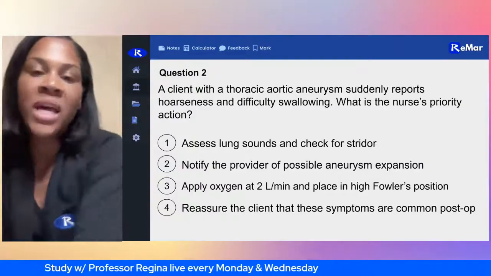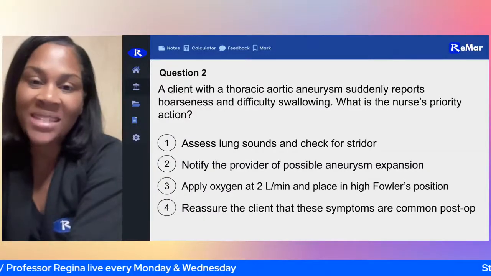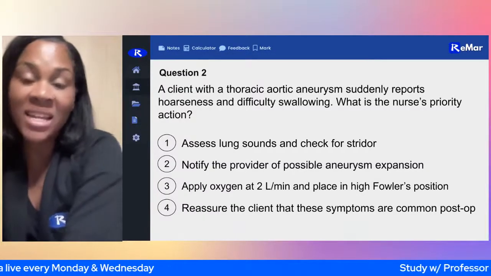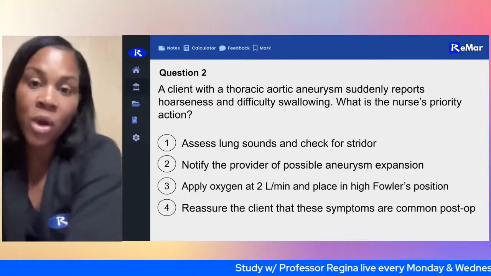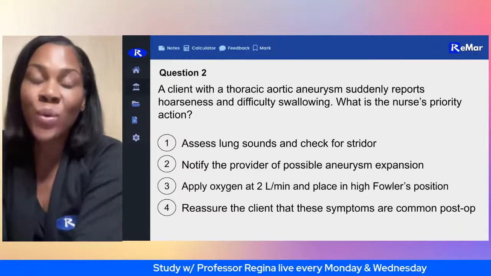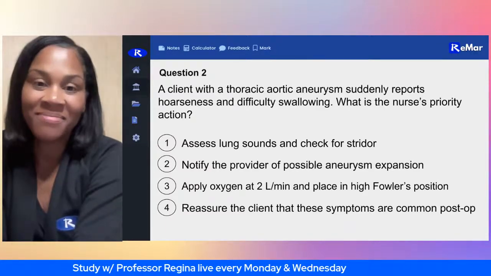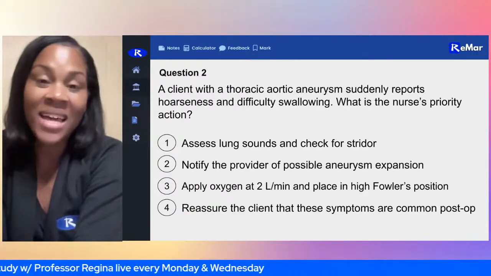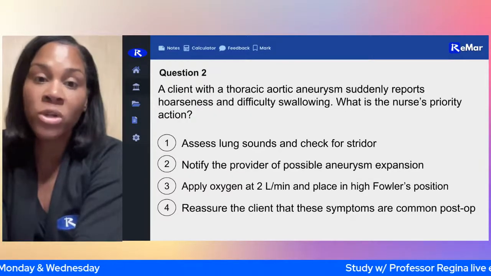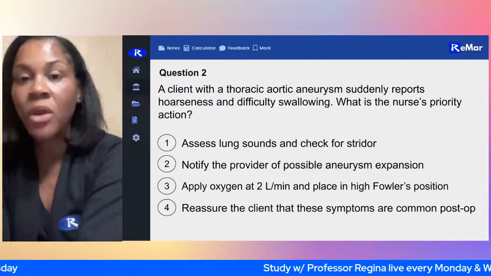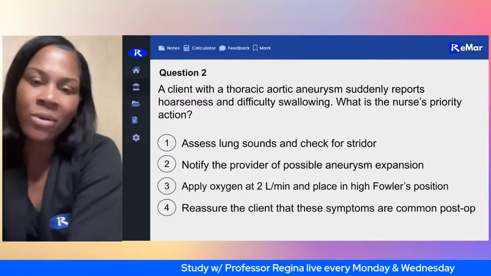Question number two, a client with a thoracic aortic aneurysm suddenly reports hoarseness and difficulty swallowing. What is the nurse's priority action? I'm going to read it again. A client with a thoracic aortic aneurysm suddenly reports hoarseness and difficulty swallowing. What is the nurse's priority action?